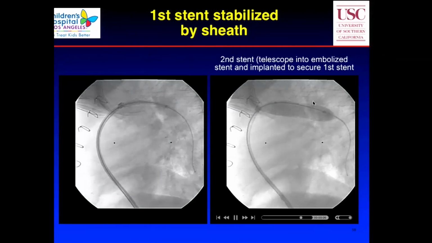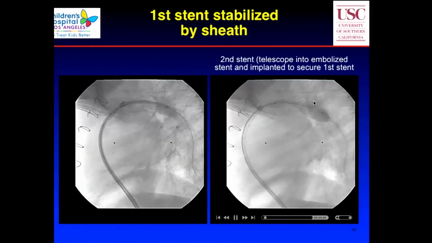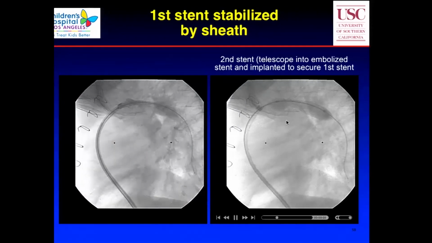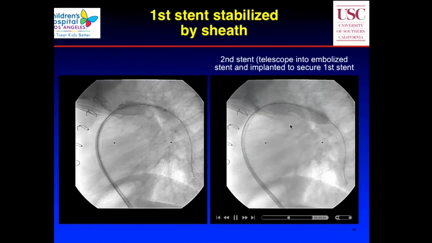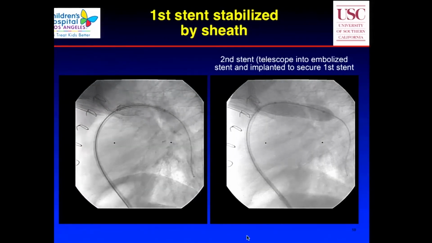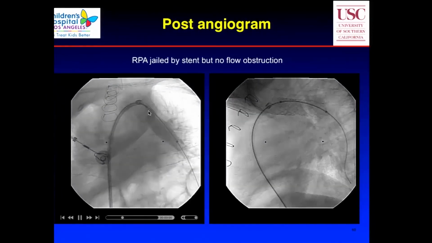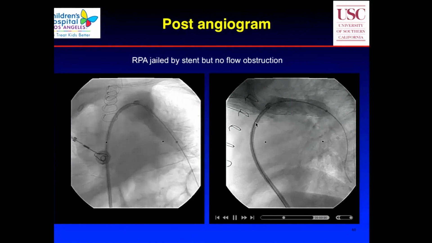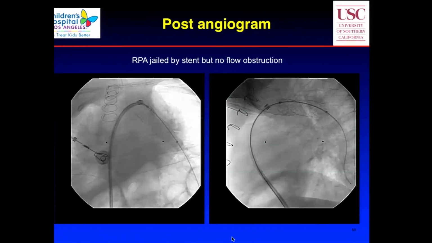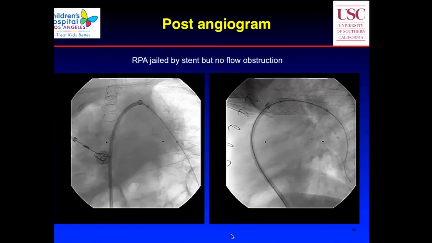So the longer stent will stabilize it, open the stenosis. The outer stent that's embolized, at least it's stable on the outer balloon. Now, of course, the problem with that is that it jails the other side. But luckily, there's not a lot of obstruction to the flow, so that was left alone. Not perfect, but it gets you out of trouble. So a lot of times when you get into trouble, it's important to just de-escalate it. Don't worry about perfection at that point.